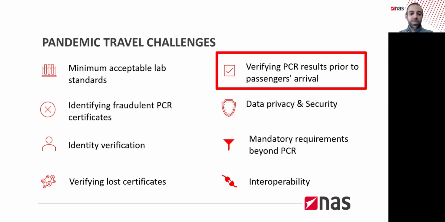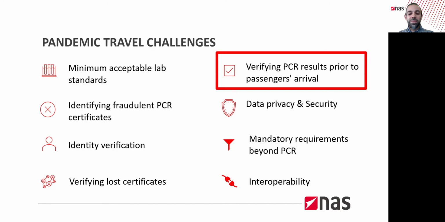The next challenge is for arriving passengers. How can we verify PCR results prior to passenger arrival? PCR test results need to be verified by airline staff at the departure airport prior to boarding the inbound flight to the receiving country.